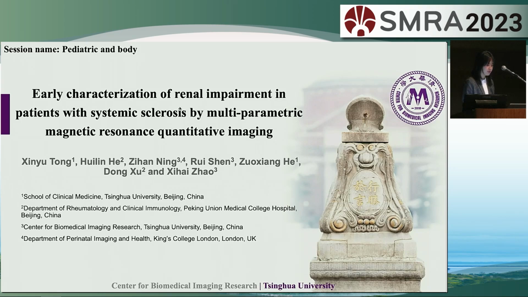Systemic sclerosis, SSc, is one of the systemic autoimmune diseases which frequently leads to fibrosis of multiple organs. The involvement of the kidney may lead to renal insufficiency or even scleroderma renal crisis, SRC. However, the renal involvement in SSc may remain unnoticed at subclinical stage until late in progression.